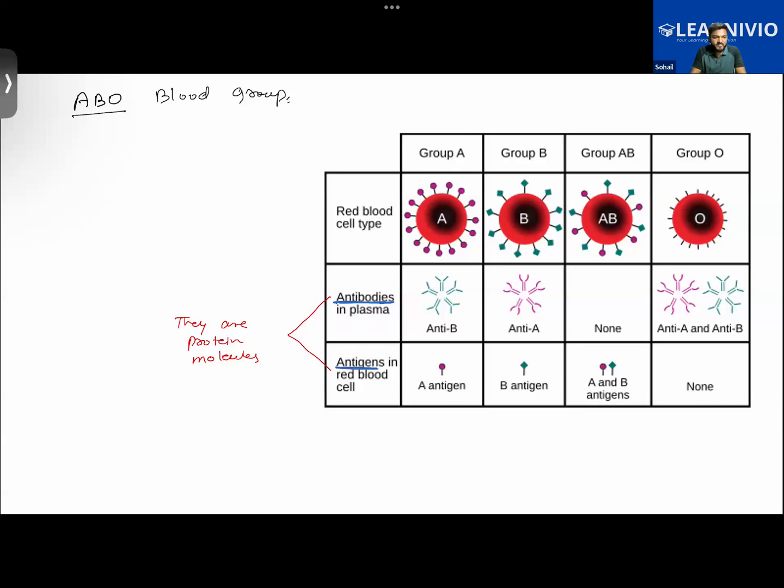But we were learning about the proteins, right? If the type A antigen is present on the red blood cells, thereby the blood group is A. If type B antigen is present, it's group B. If both of them are present, it's AB. But if none of them is present, thereby it is group O. Getting it? So that is something which we learned in the previous class.